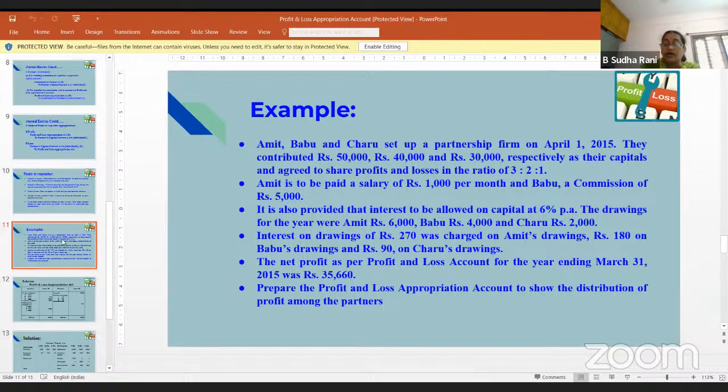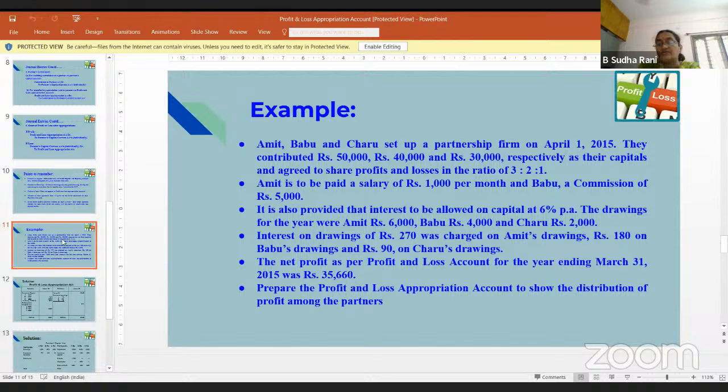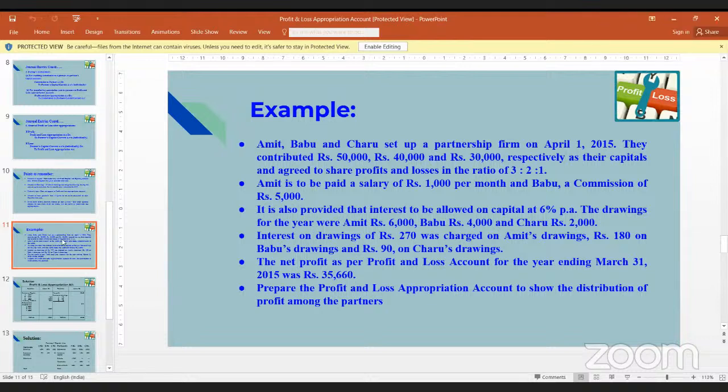Done. Now A. What is A's capital? 50,000 into 6%. Calculate, 50,000 into 6 by 100. Interest on capital is how much? 3,000. Very good. Next, B, that is Babu. What is the capital?